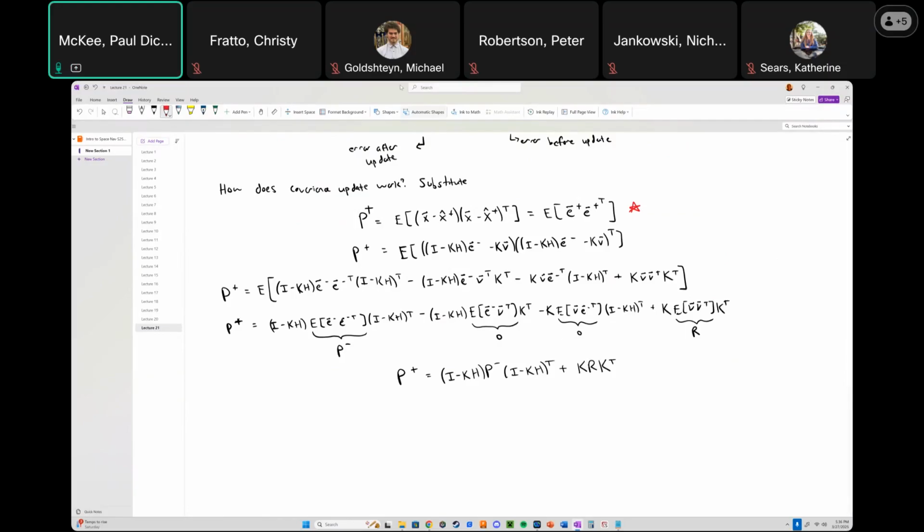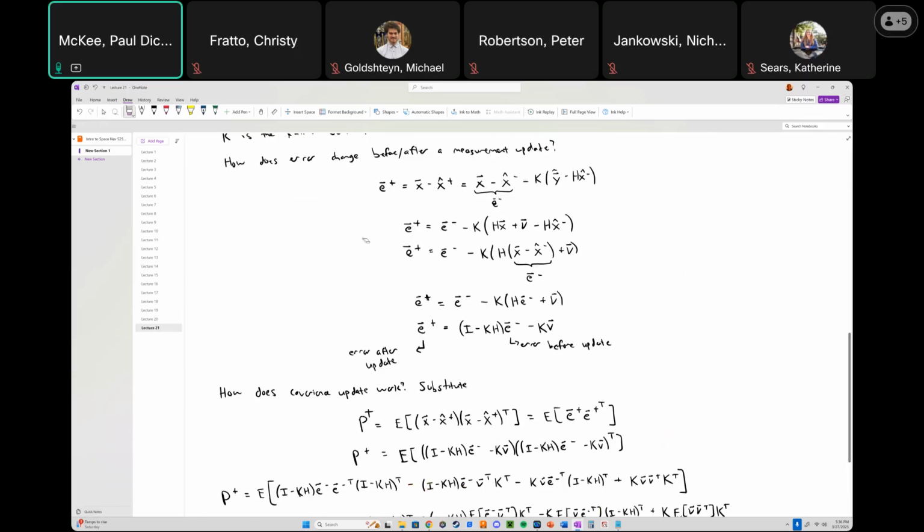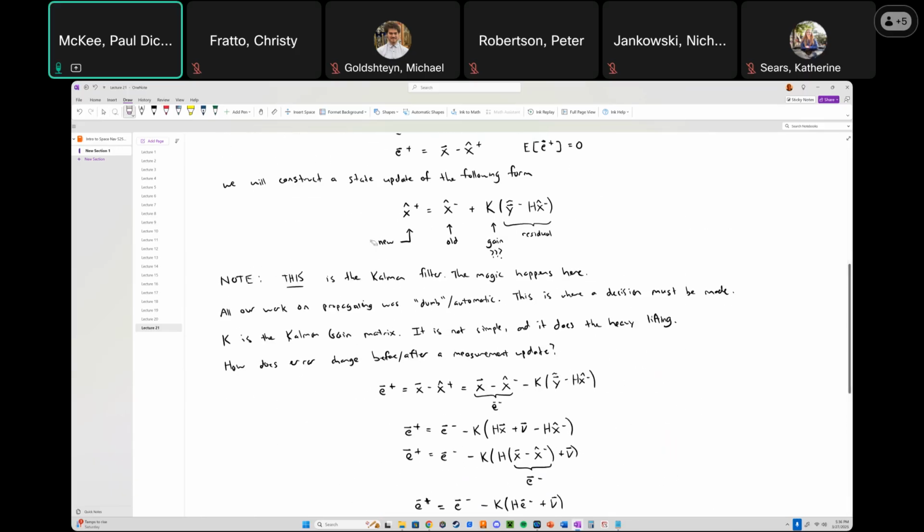So this is going to be our covariance update equation. And then up here, we kind of skipped it, but this is our measurement update. Or sorry, our state update.